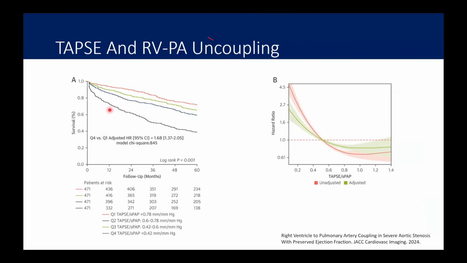What you see here is that the lowest quartile, defined as a TAPSE to PASP ratio of less than 0.42, had an adjusted hazard ratio of 1.68 compared to the highest quartile here in red. You can see a clear separation in the survival curves by 12 months, and that certainly extends all the way to 60 months.